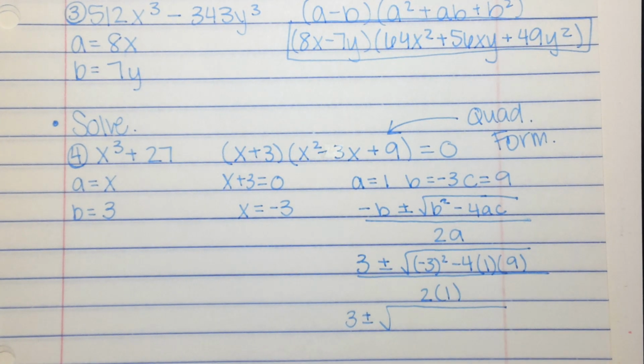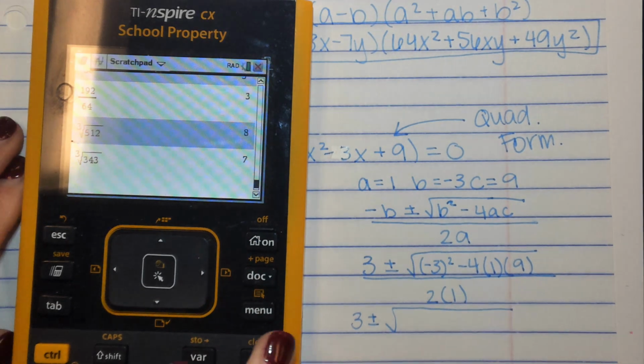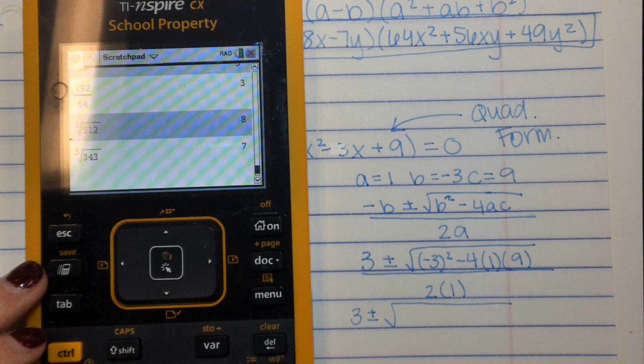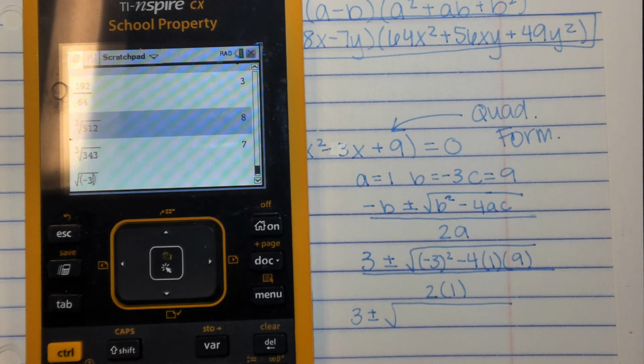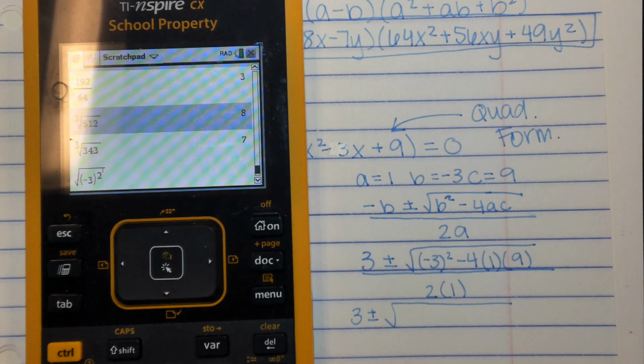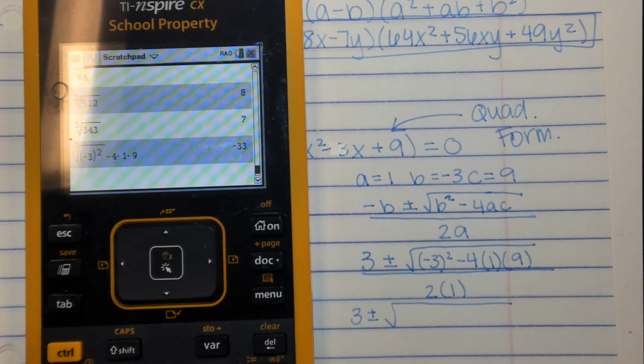You can do it by hand if you want to, but I think the calculator is easiest, so I'm going to show you. Take your radical, parentheses, negative 3 squared, and then go over minus 4 times 1 times 9. Hit enter, I get negative 33.